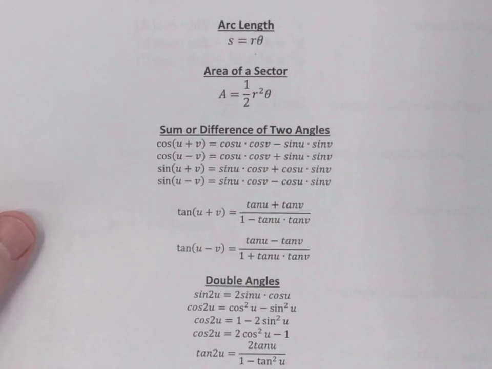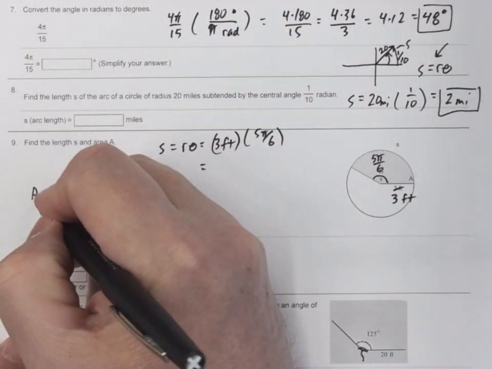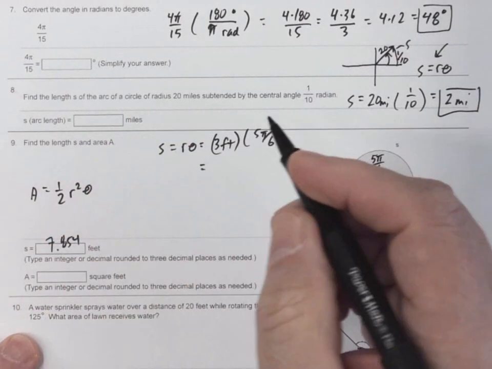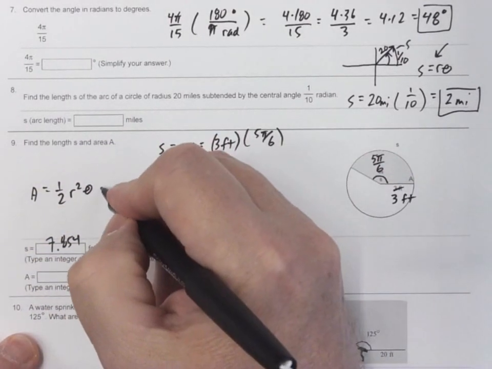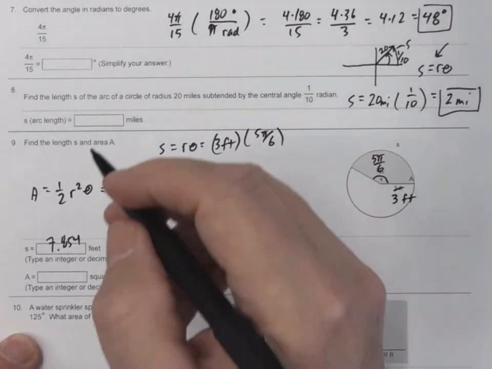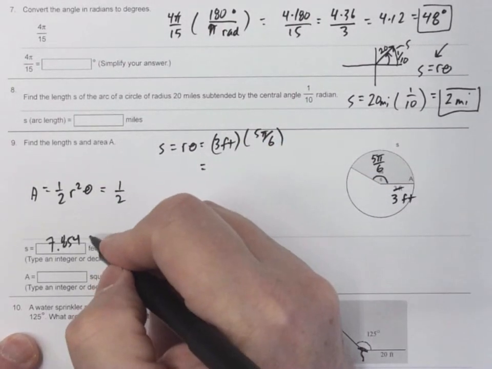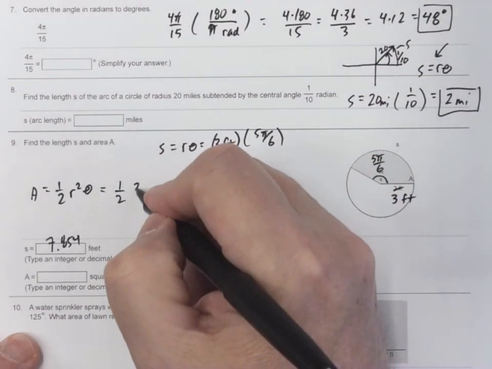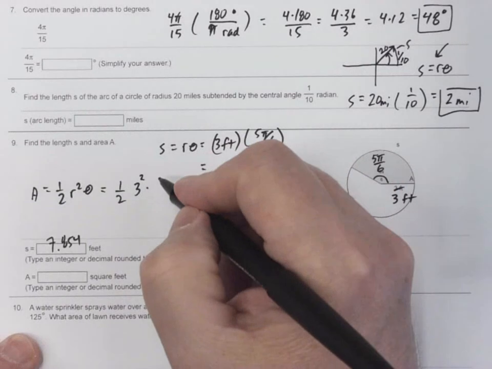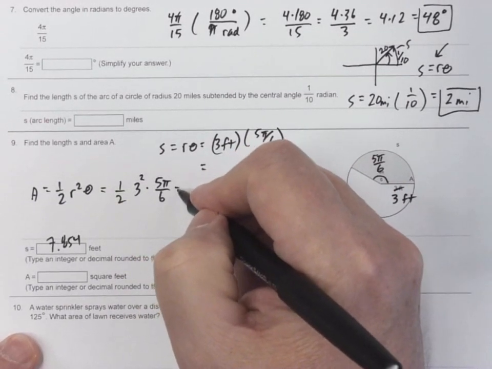So now the area of a sector is 1/2 r squared theta. Once again, make sure your angle is in radians. Thankfully, for this problem, our angle is in radians. Now it's 1/2 r squared, 3 squared, times 5 pi over 6.